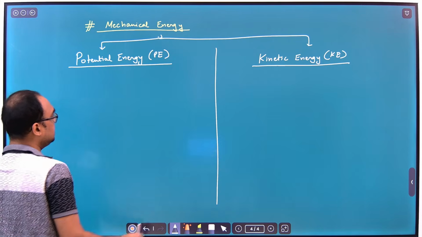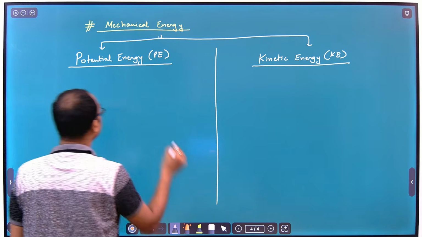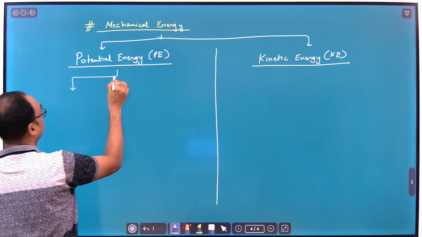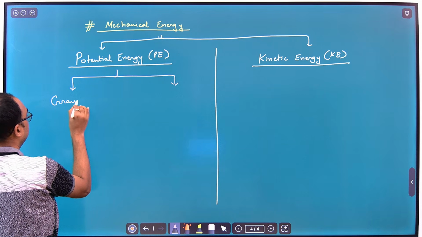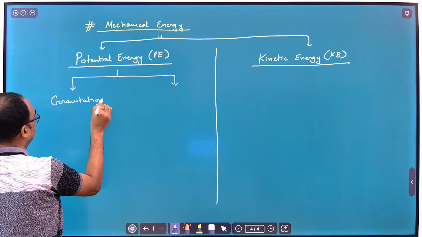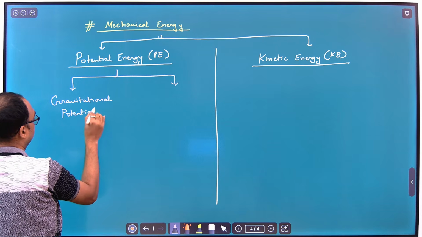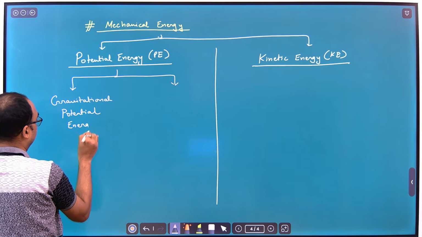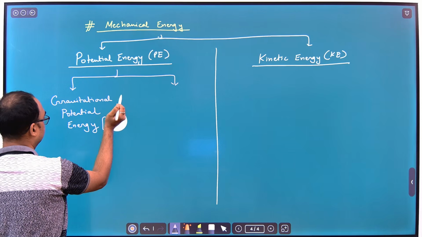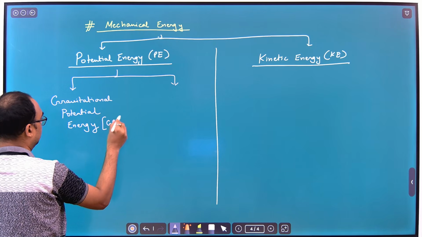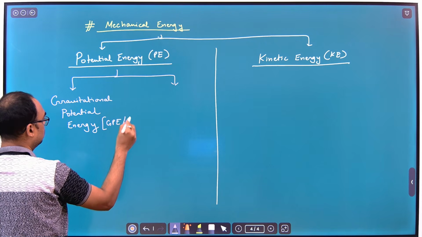The potential energy is again subdivided into two more parts. This is gravitational potential energy, short form GPE. Formula: GPE or U, both.